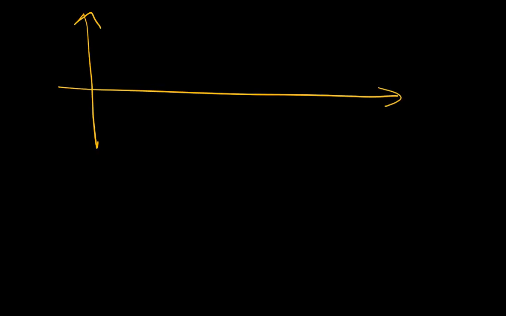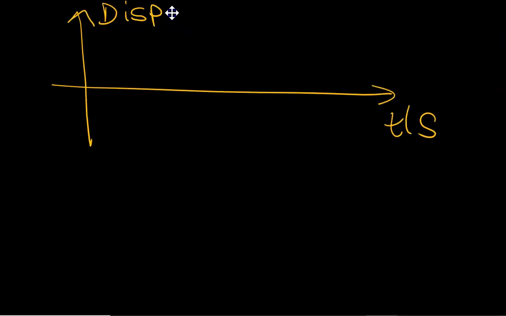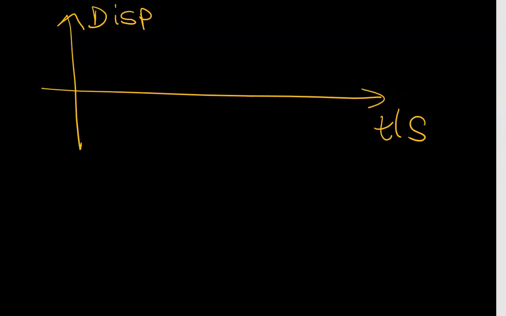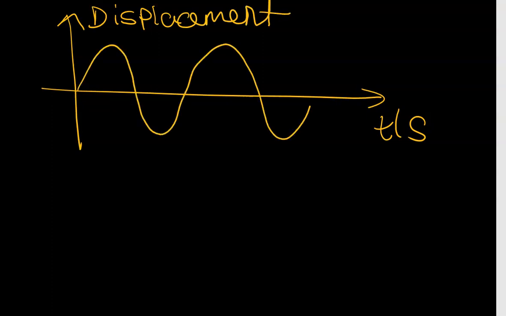So if I were to represent, let's go back to the sinusoidal representation of a wave, and I have a displacement time graph. And I show here the sinusoidal representation. It doesn't matter if it is a transverse or longitudinal wave.